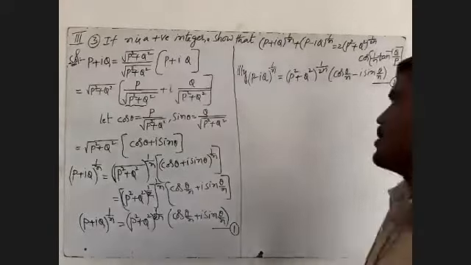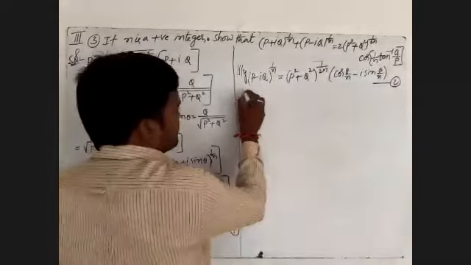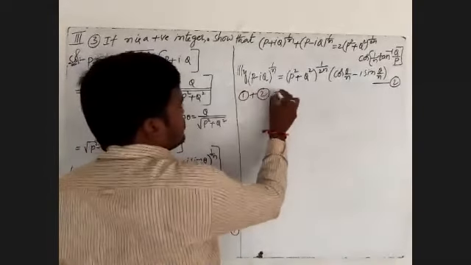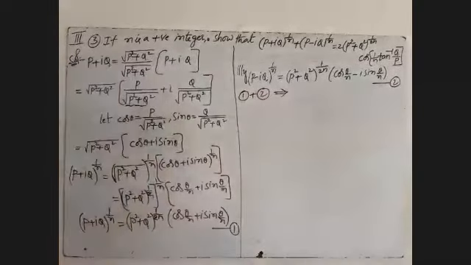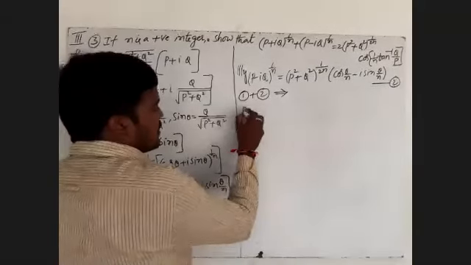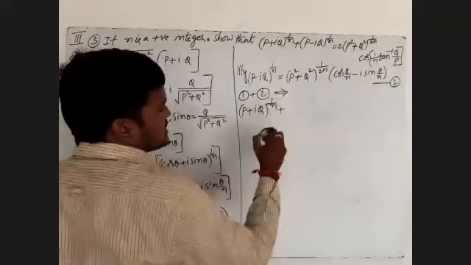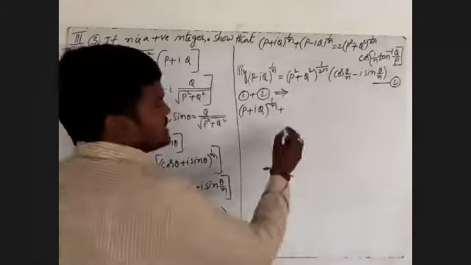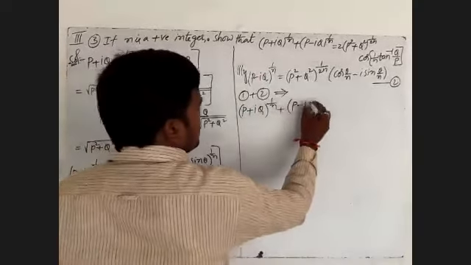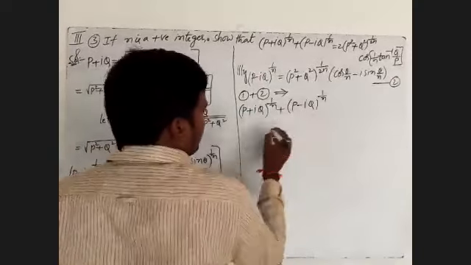We'll observe, 1 plus 2 we will get. The LHS of 1 is (p + iq)^(1/n) plus the LHS of 2 which is (p − iq)^(1/n) is equal to what?